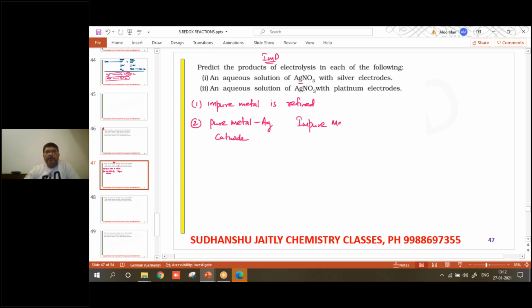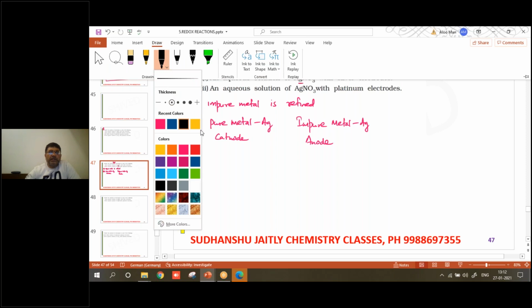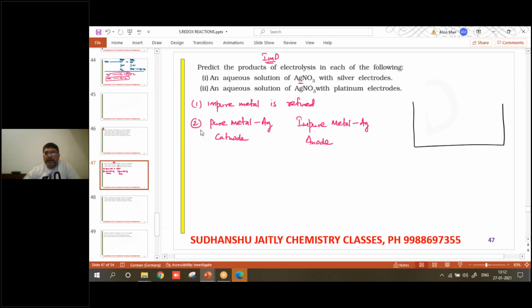Impure metal, of course silver उसने बताया है, इसकी एनोड बना देते हैं. Now what happens? This is the diagram, right? Although आपको इसकी जरूरत नहीं है, but still अगर जितना ज्यादा करें तो समझ ज्यादा अच्छा आता है. We are putting silver nitrate here. This is silver and this is silver. ये क्या है?